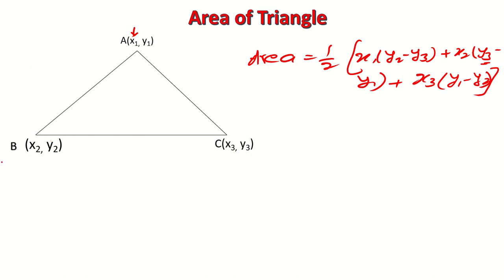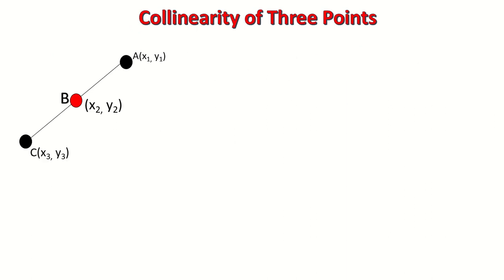Now another important application of the area of a triangle is that maybe you can have a question based on the collinearity of 3 points. Like I told you before, collinearity means the points lie on the same line segment. So if you find the area of the triangle and it becomes 0, I will tell you why this area is related to collinearity.